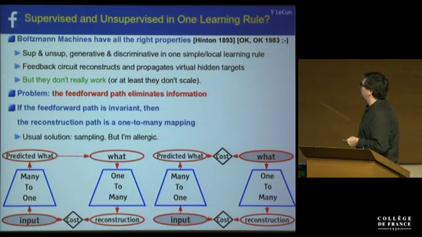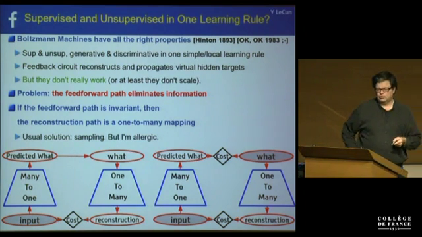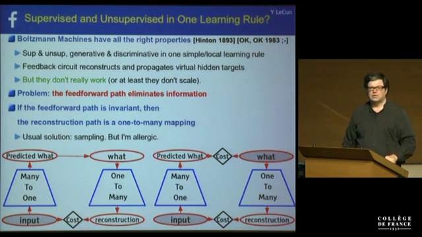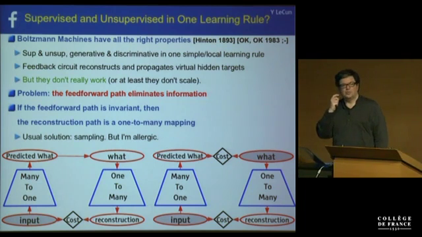Along the same lines of ideas, the same type of ideas, I've been wondering for years about how to integrate supervised and unsupervised learning in a single rule. Algorithms exist for that.